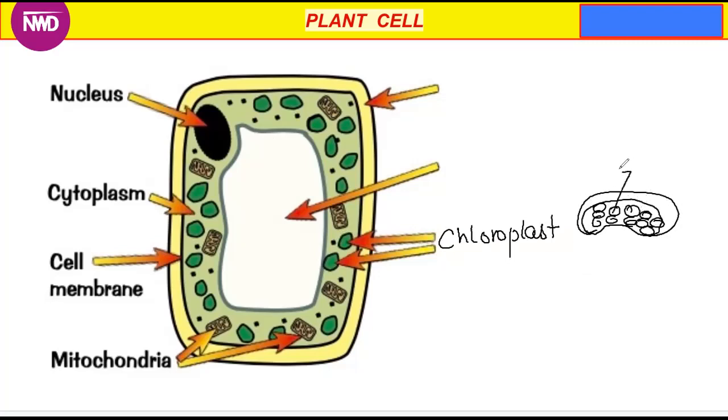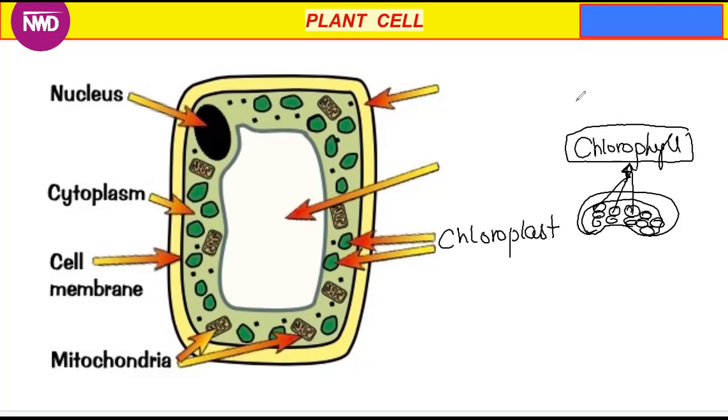Can you see these granules it is holding? These granules are known as chlorophyll. So basically this chloroplast consists of a pigment known as chlorophyll.